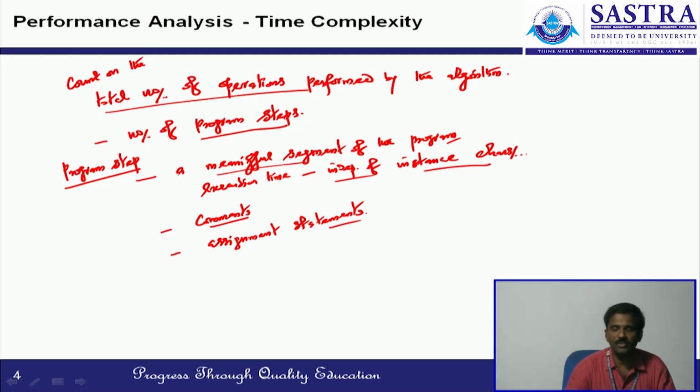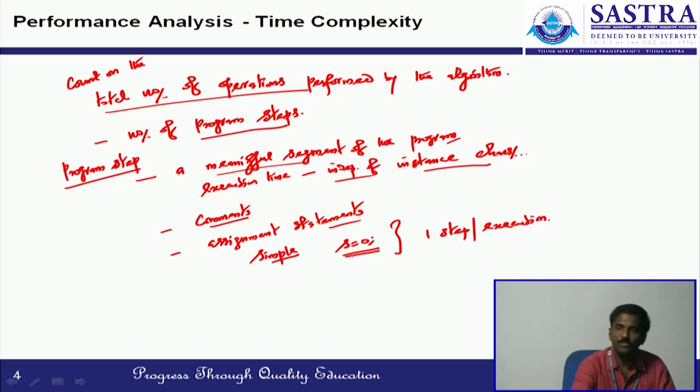In case of simple assignment statements, for example, s is equal to 0, which does not involve a function call, this can be taken as one step per execution. S is equal to 0 or s is equal to s plus a of i. These are simple assignment statements which do not take any function call. So, these are taken as one step per execution.